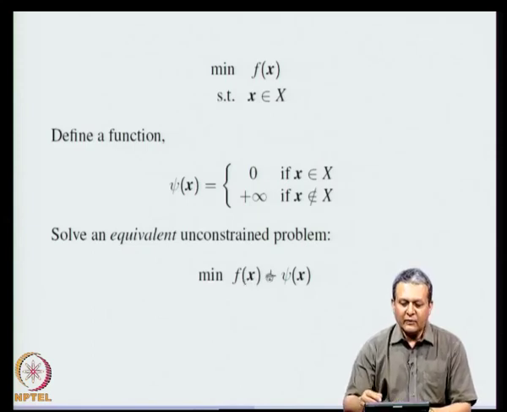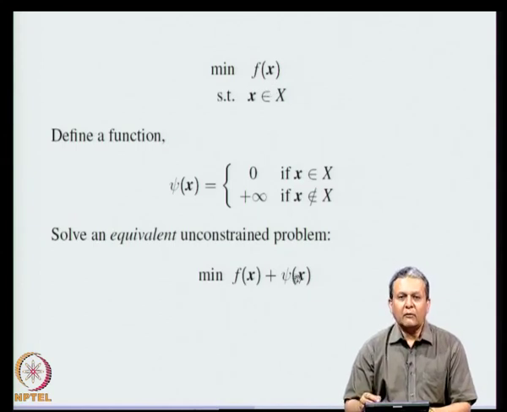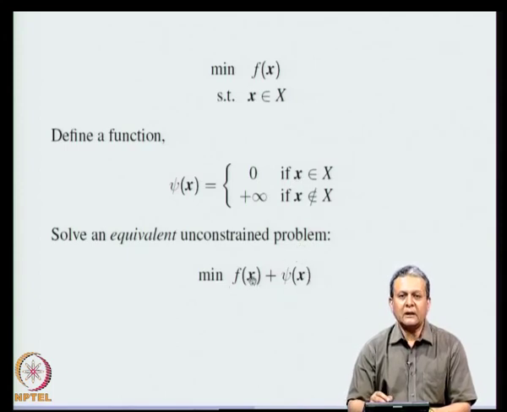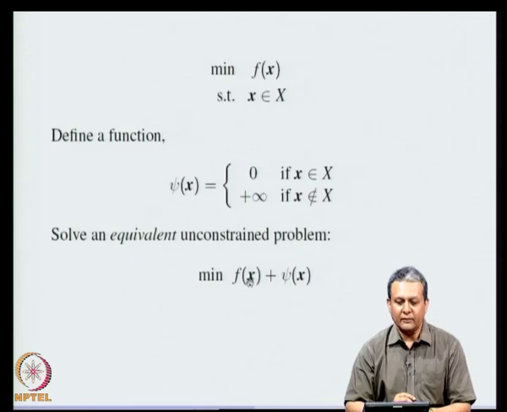So, any solution of this problem will be the same as the solution of this problem, because since we want to minimize a function, the minimum occurs when x belongs to the set X, and once x belongs to the set X, then this term does not have any role to play in this minimization, and it just amounts to minimization of f x.